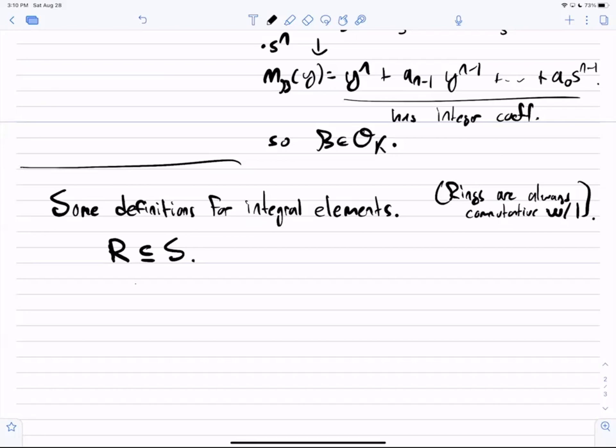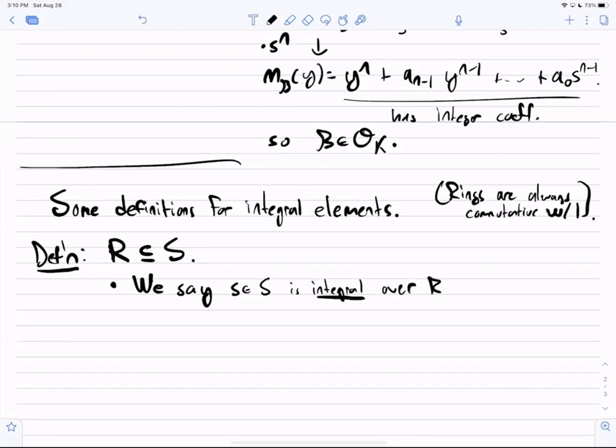Then we say s in S is integral over R if there is a monic polynomial f of coefficients in R such that f of s is equal to 0.